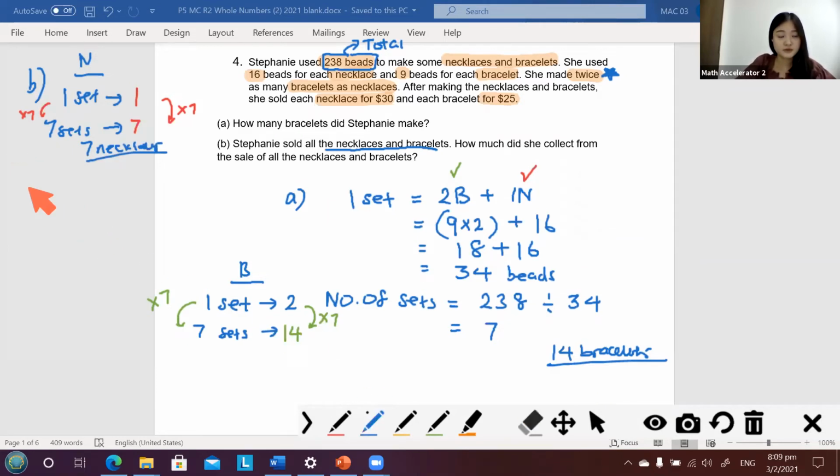So the total that she collected would be the 14 bracelets, and they each cost $25. And you add it to the 7 necklaces that cost $30. Alright, so can you work it out? What will you have?